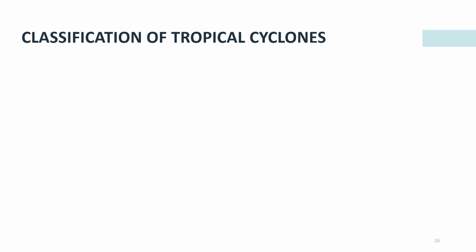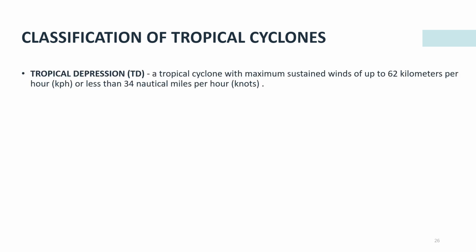This classification according to strength is associated with the strength of the wind. For example, first is the tropical depression, which is a tropical cyclone with maximum sustained winds of up to 62 kilometers per hour.